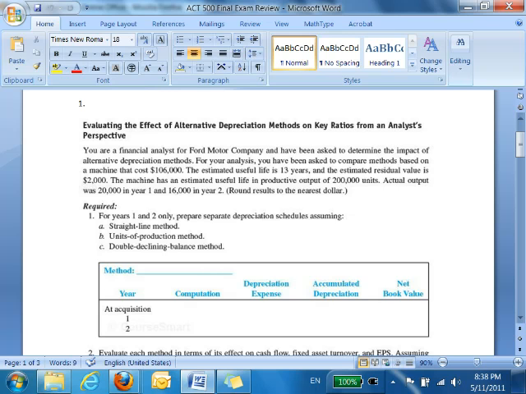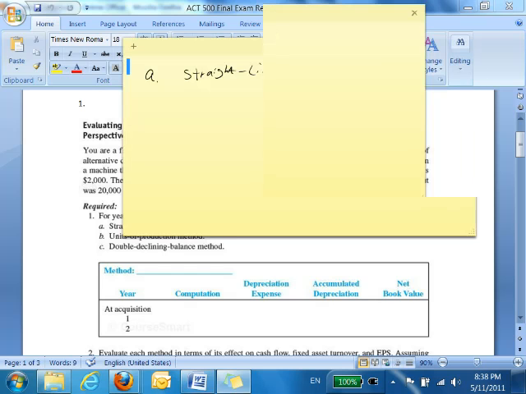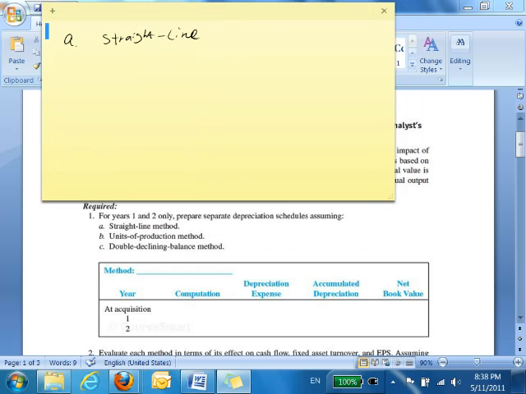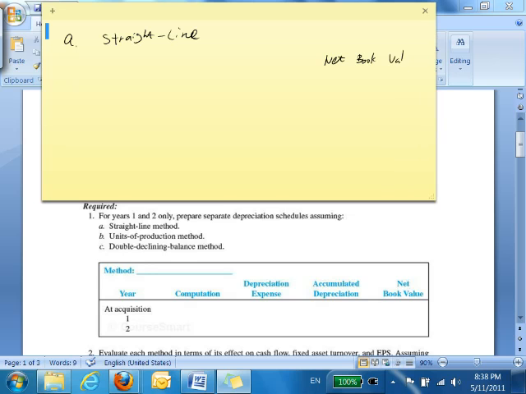So let's start with straight-line depreciation. The original net book value is $106,000, right?